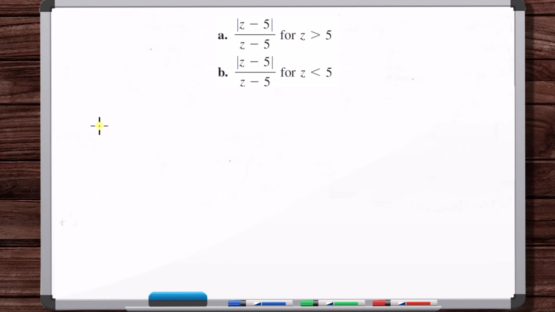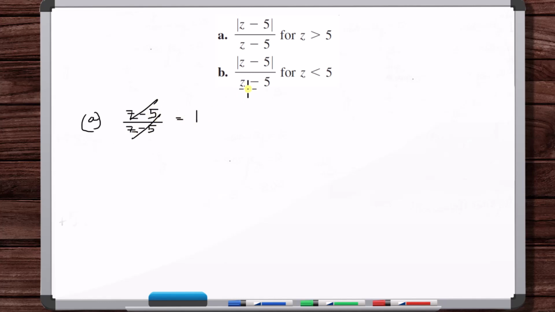Okay. Part A. If z is greater than 5, this is always positive, no matter what. So we can just remove the absolute value symbol. Okay? So this is equal to 1.